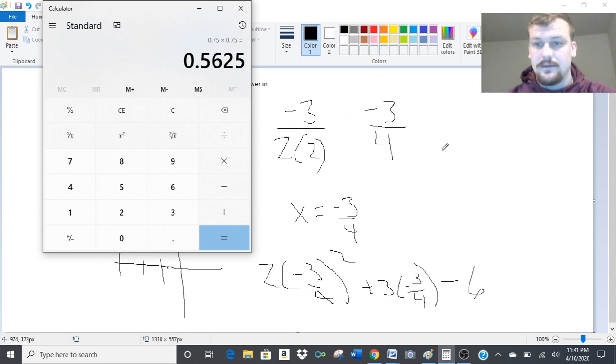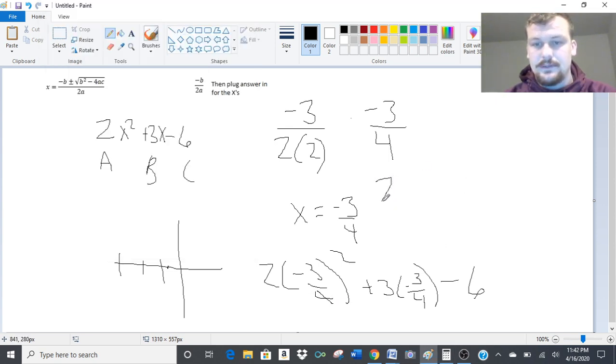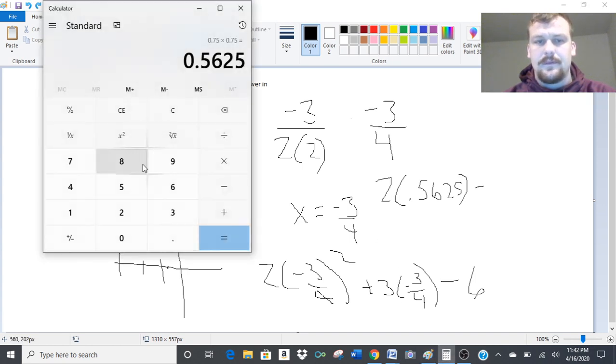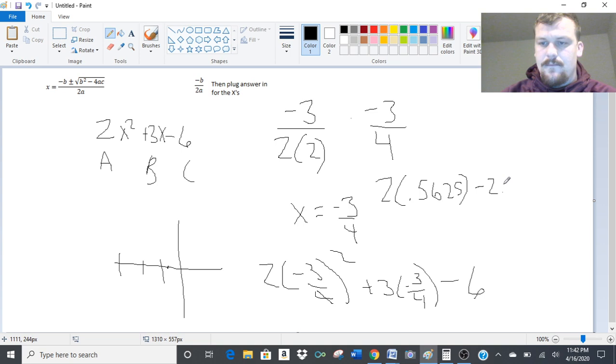So this isn't a great example. We'll do it as 2 times 0.5625, I believe. So that's negative 3/4 squared. Plus, actually let's not do the plus yet. And then we would do 3 times 0.75, which gives us 2.25, minus 6.